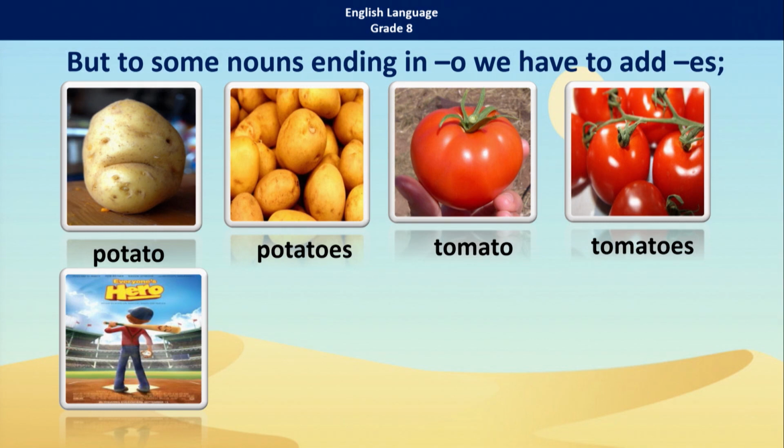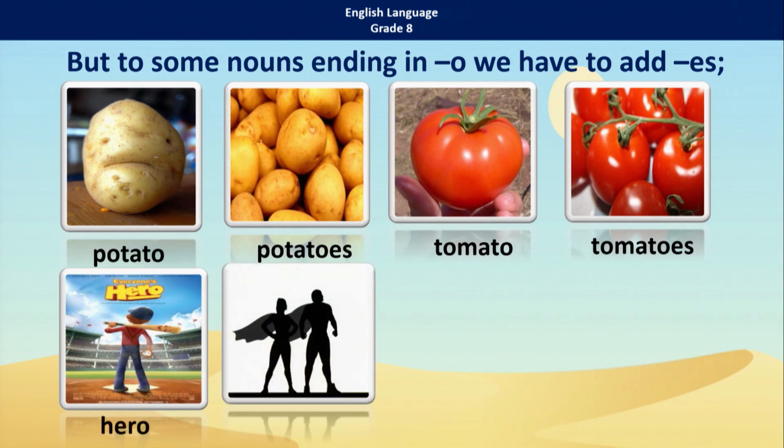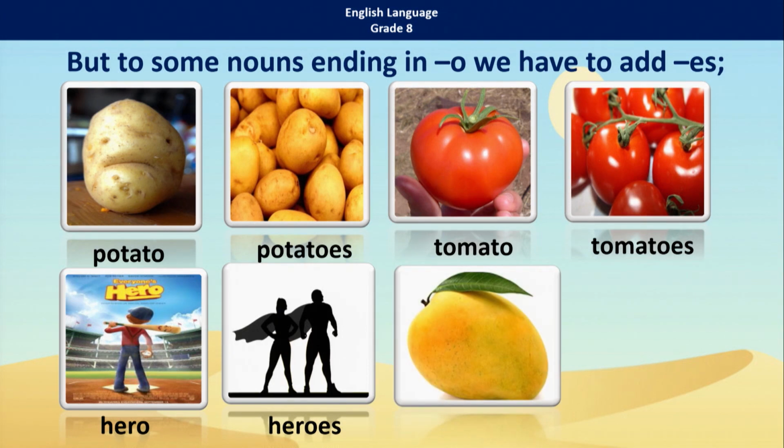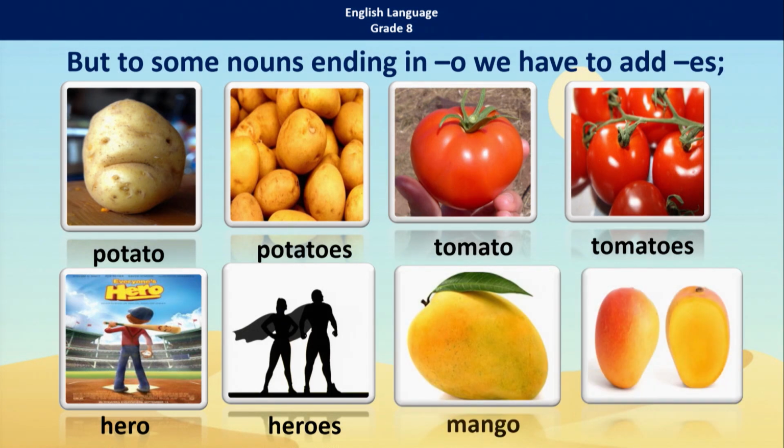Hero, heroes, ES. Mango, mangoes, ES. In all these nouns, we add an ES to the end of the noun. Potato, potatoes, tomato, tomatoes, hero, heroes, mango, mangoes.